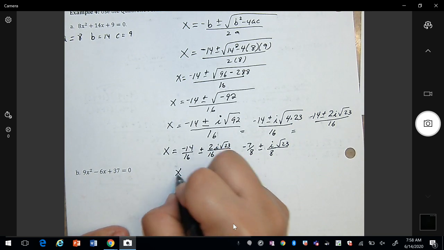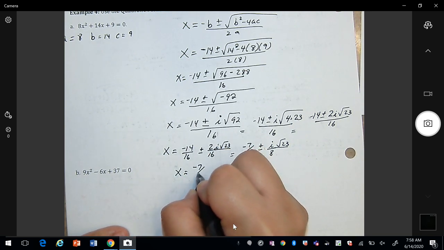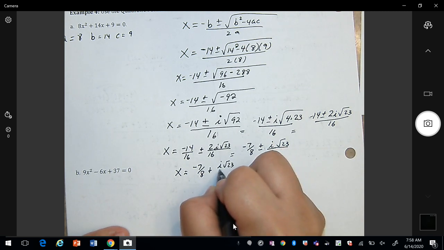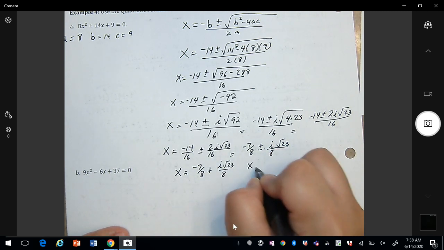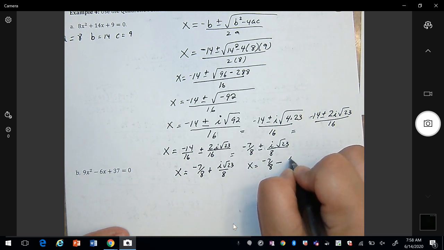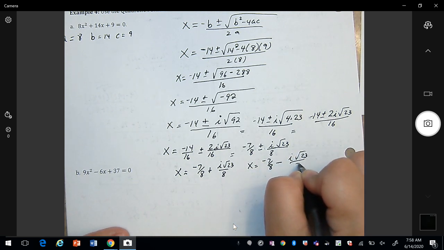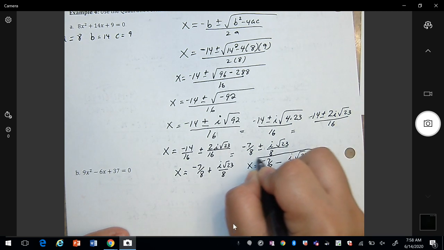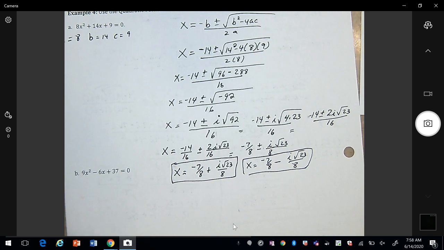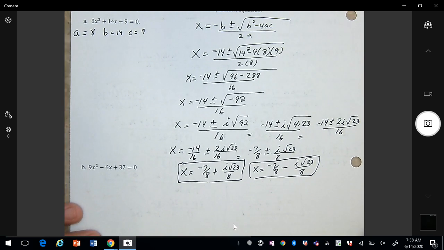Okay, so my answers are x equals negative 7/8 plus i√23 divided by 8. That's one answer. And the second answer is negative 7/8 minus i√23 divided by 8. Yep, so these are my two answers.